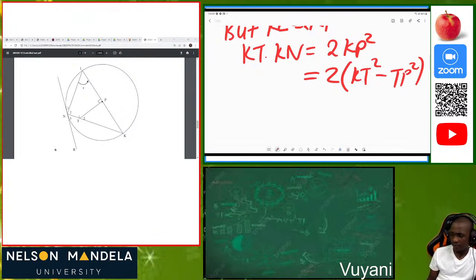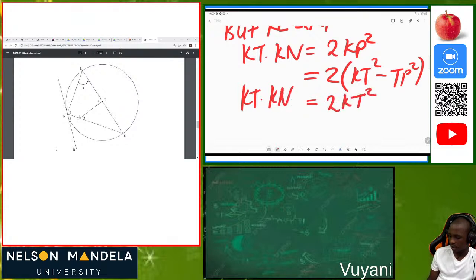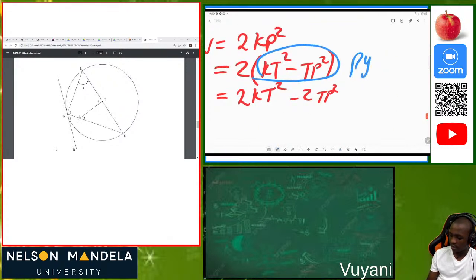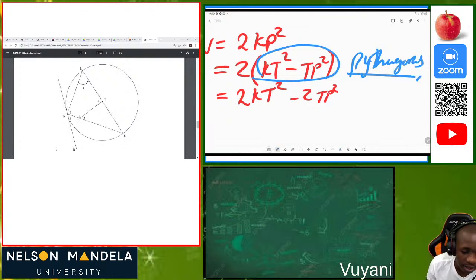Then we finally have our answer, which is KT times KN is equal to 2KT squared minus 2TP squared. Bear in mind this part is the Pythagoras theorem. We are using the Pythagoras theorem on that part.